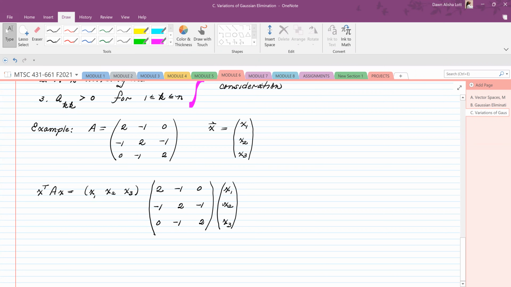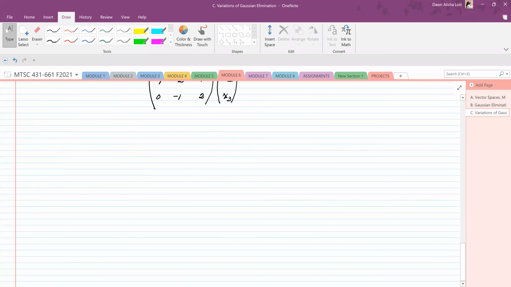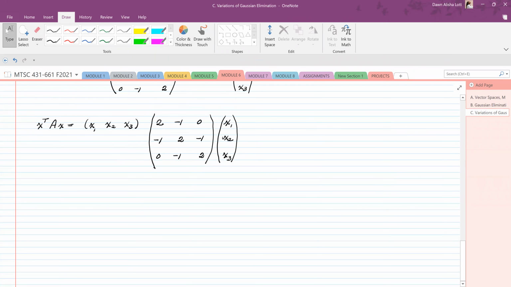Okay. So when you multiply all of that out, this turns out to be the vector X1, X2, X3 times the vector 2x1 minus x2, -x1 plus 2x2 minus x3, and then -x2 plus 2x3.